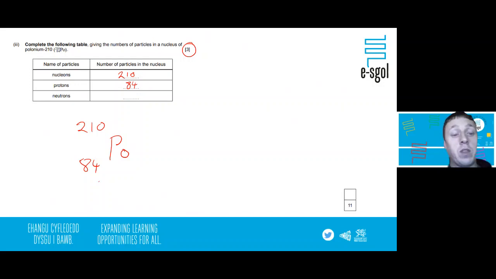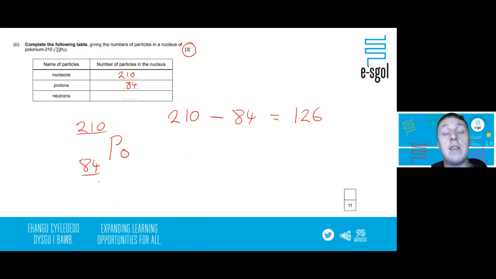And then finally, if 210 is the total number of nucleons and 84 corresponds to the number of protons, then the difference between these two numbers, 210 minus 84, would correspond to an answer of 126, and this would be equal to the number of neutrons inside the atom. So 126 would be the final value. So this 11-mark question now puts us at the end of question 5.